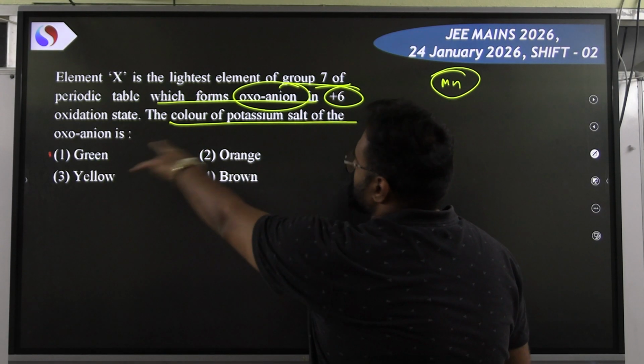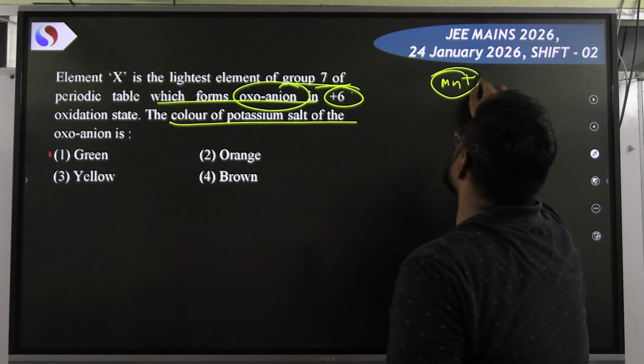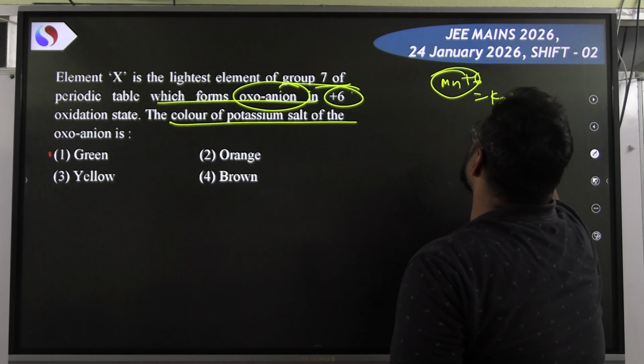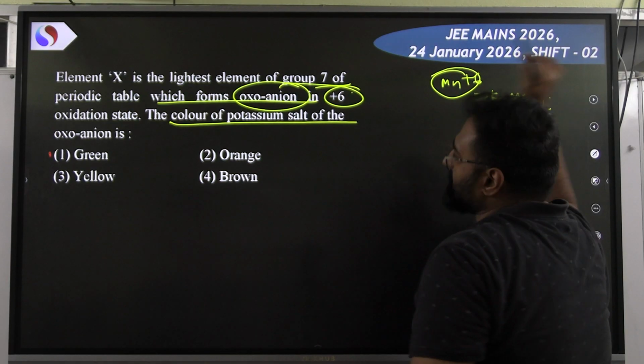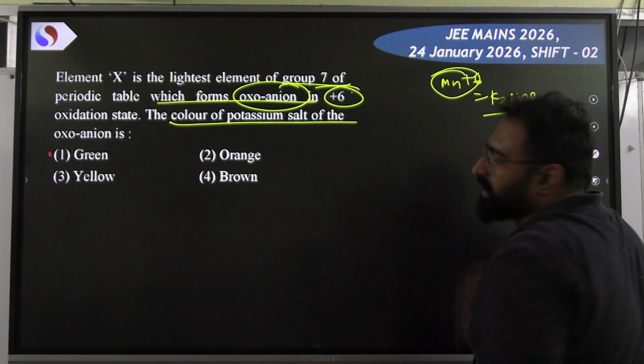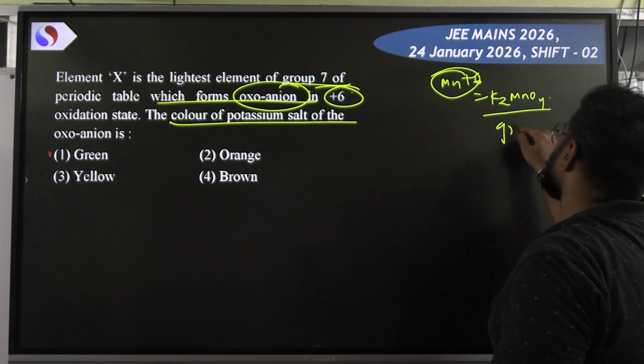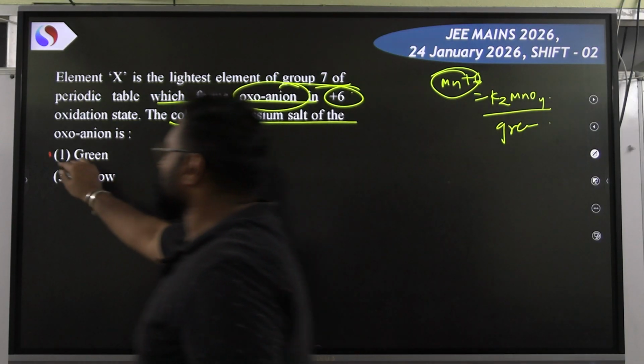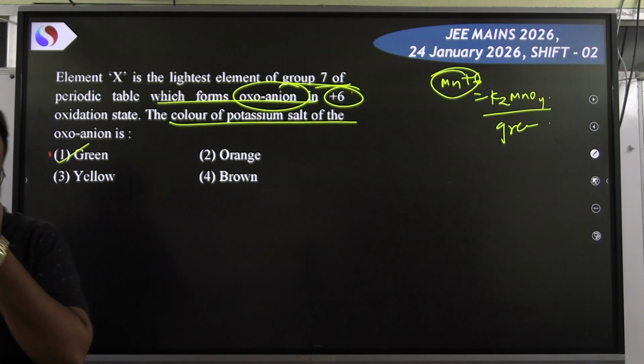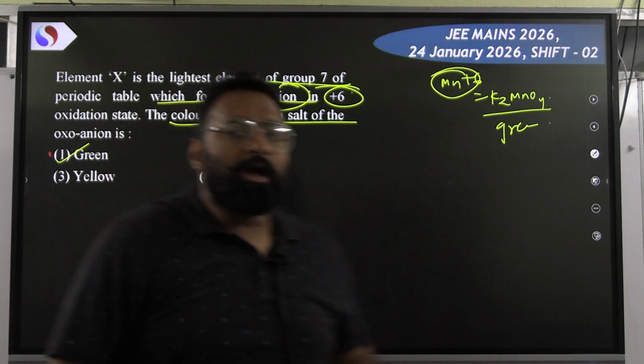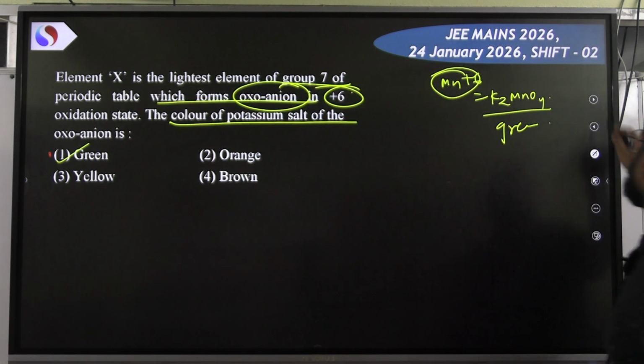So the potassium salt of manganese in +6 oxidation state will be K2MnO4. And what is the color of K2MnO4? It is green color. So option number 1 will be correct for this question.